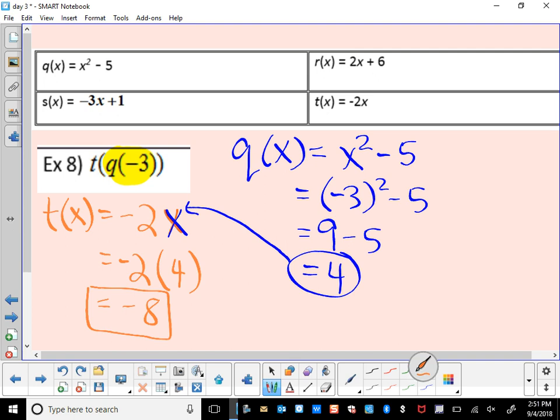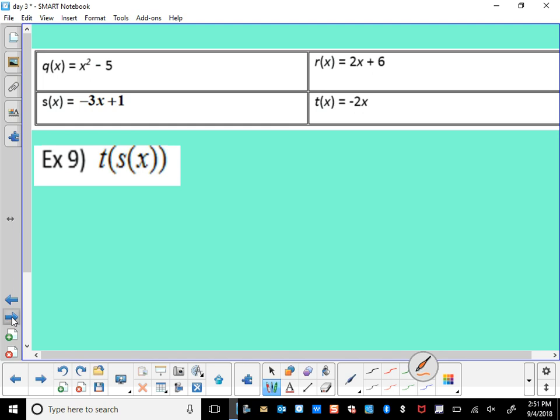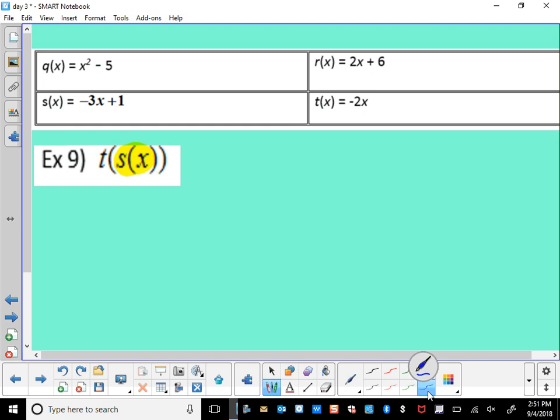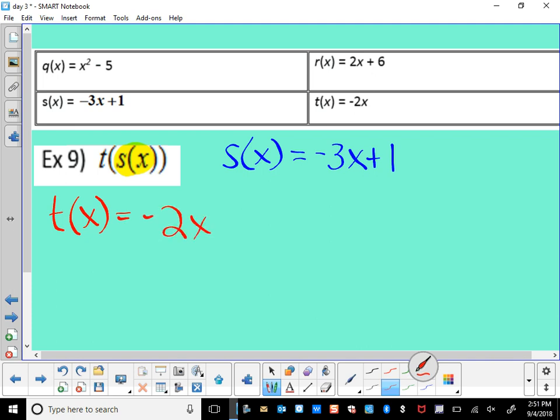Alright, and then the last one, with the bell, my inside function is s. My s function is negative 3x plus 1. I have nothing else to plug in there, right? Because it's just an x. So I'm done with that. The outside, I have my t, which is negative 2x.